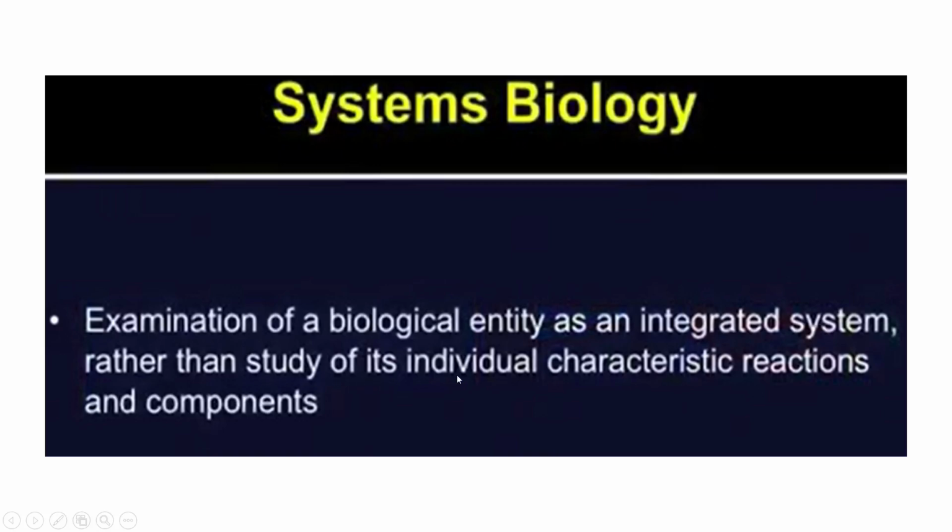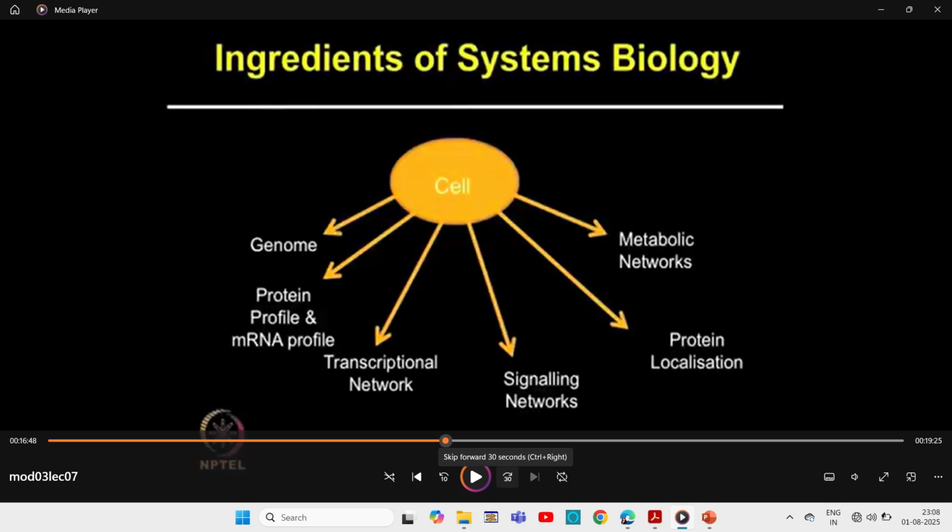Rather than studying individual characteristics, reactions and components, if you want to study a specific disease, you will study everything related to it, from the gene, to the RNA, to the protein level. That study is called a systems biology study, where you try to study each and every perspective of that thing.